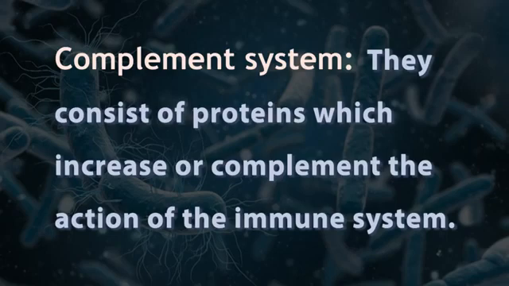They consist of proteins which increase or complement the action of the immune system. Mainly it includes plasma protein, where the ability of the antibodies against the pathogens increases. Some proteins help in the destruction of the plasma membrane of bacteria.